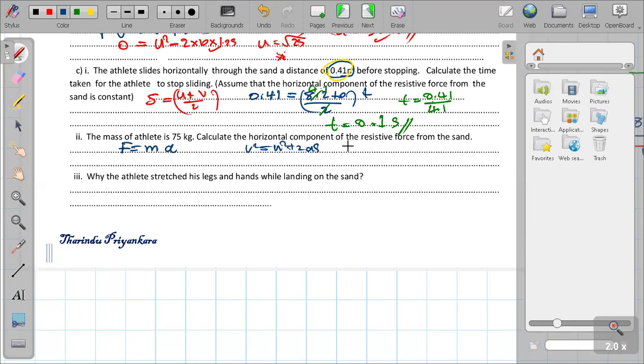Acceleration equals to v minus u, that is 8.2 squared, divided by 2 times 0.41.